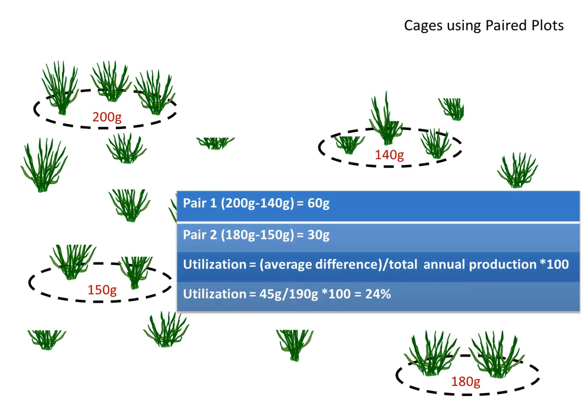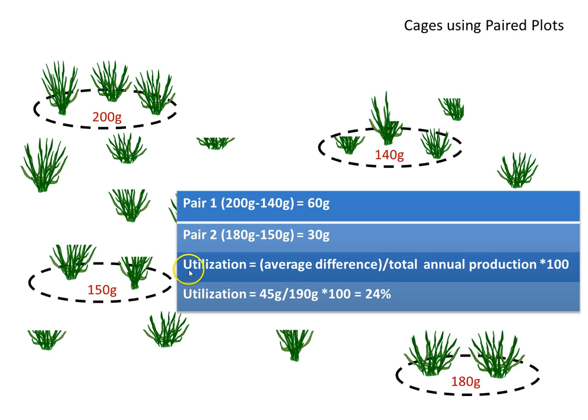If we then were to analyze these data, we do this on a pair-by-pair basis, first determining the amount of material that was removed by comparing what was in the grazed plot of the pair to the ungrazed, and we do that for each one of the pairs.